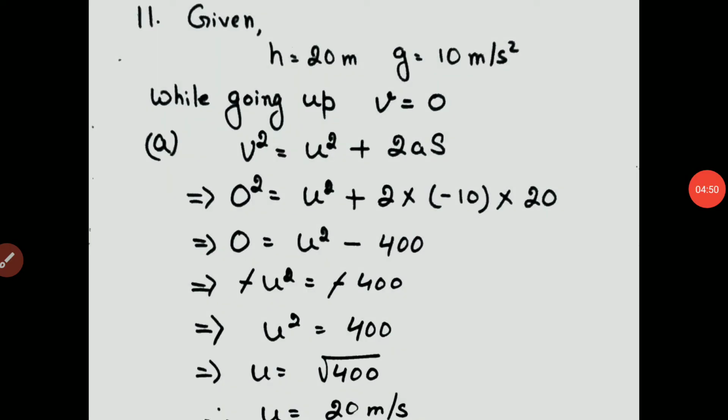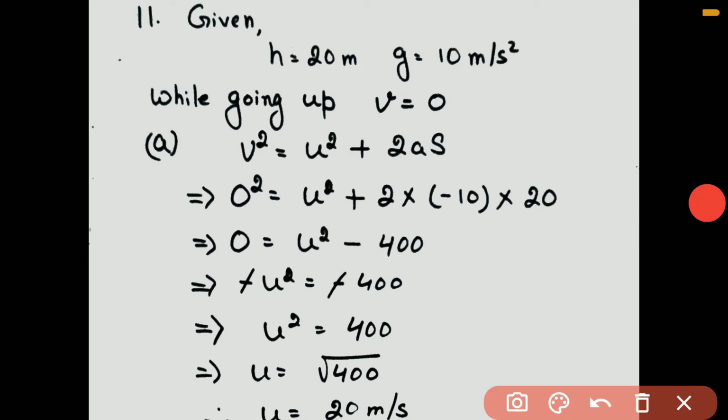Coming to the solution of number 11, we can see here two things are given to us. One is height, the other is acceleration due to gravity, which is 10 meter per second square. While going up, the final velocity is 0. I hope you understood how. Now with the help of all these three values, I'm supposed to calculate initial velocity.